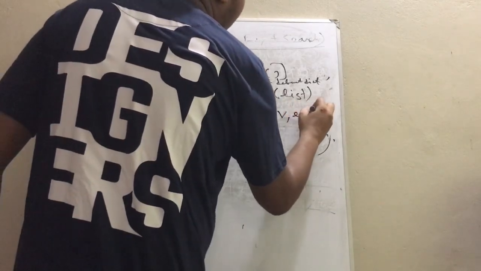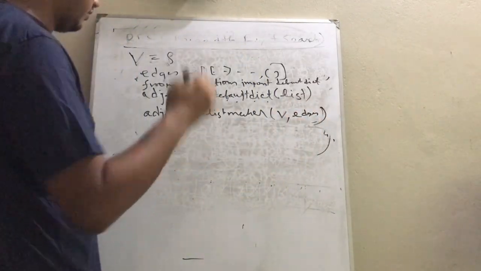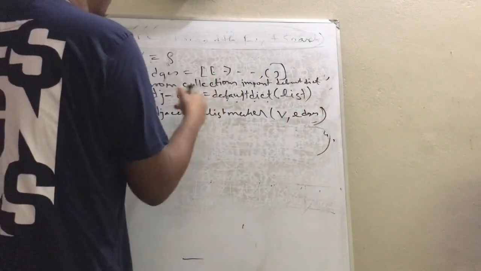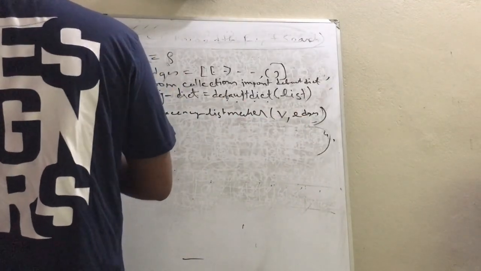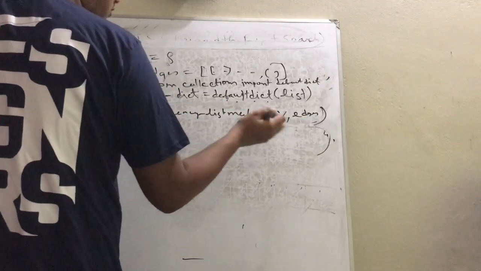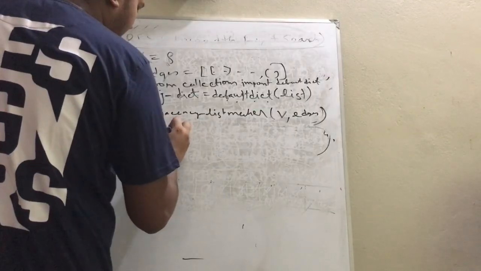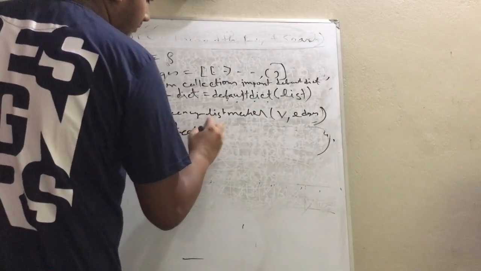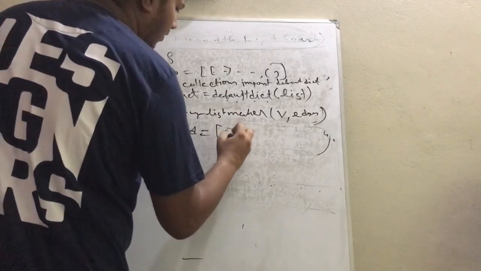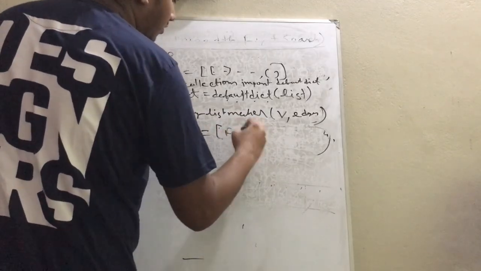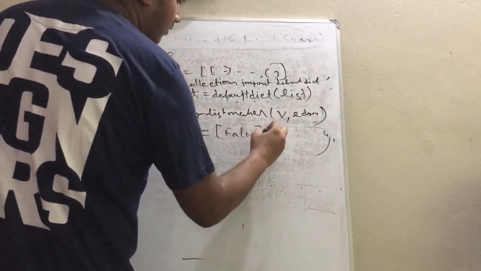We will create the adjacency list, passing vertex and edges. Now, we maintain a visited array. Initially we assume all are not visited, so False.